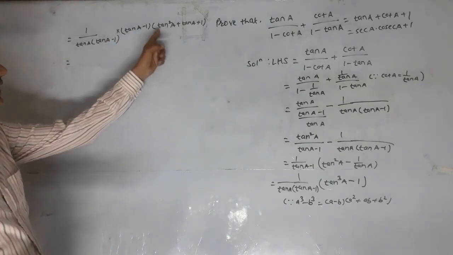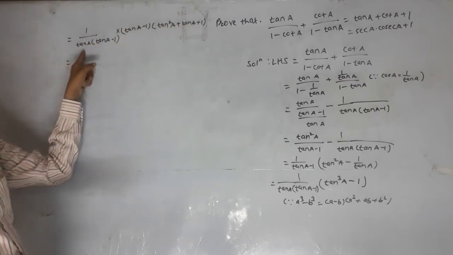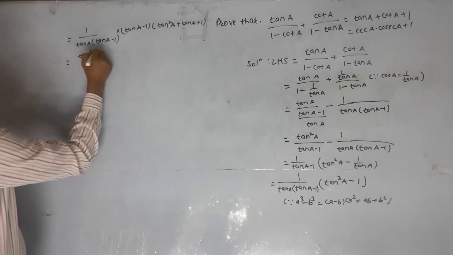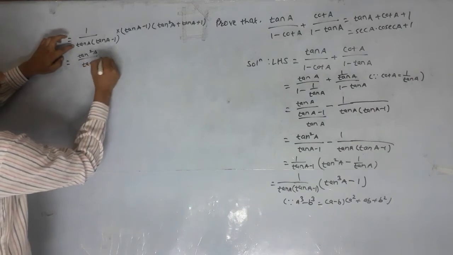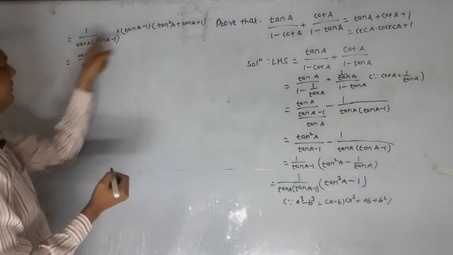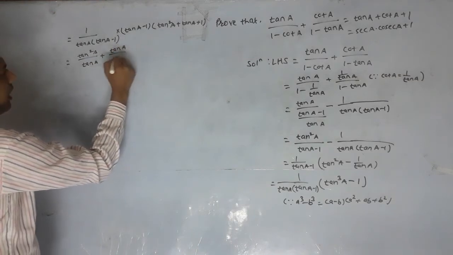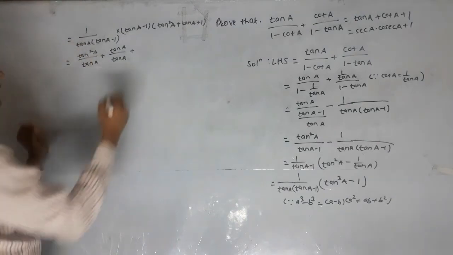Here we are getting tan square a plus tan a plus 1 divided by that tan a. So tan square a divided by tan a plus tan a divided by tan a plus 1 upon tan a.